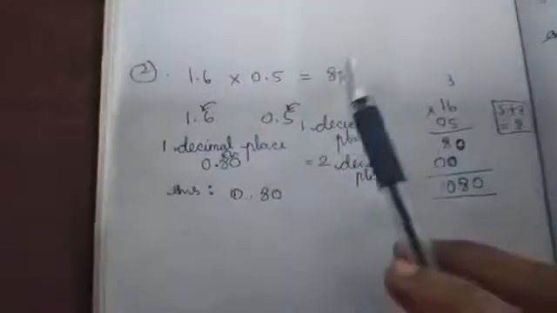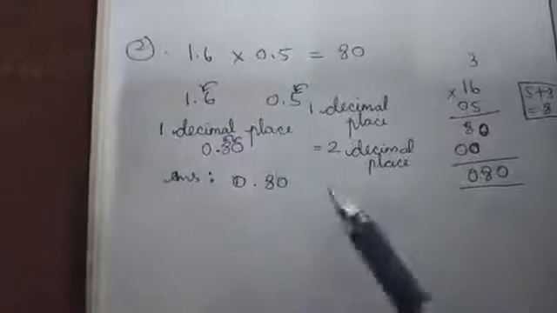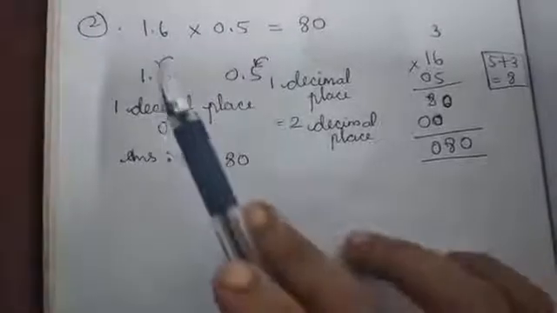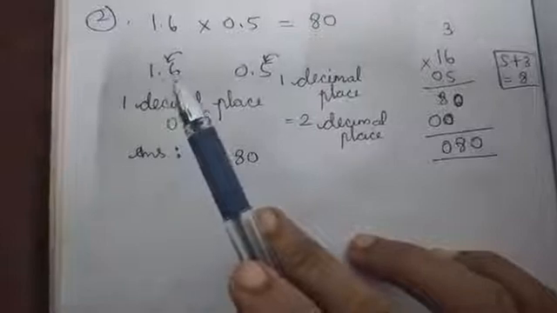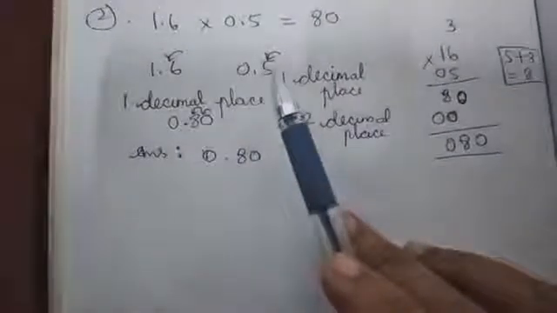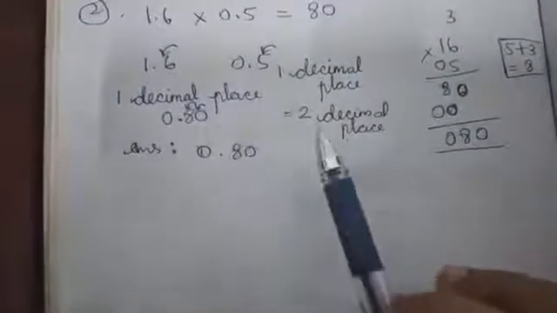Now the answer is given already, but we have to put the decimal point. In the question we count on both sides: from the right, we have one decimal place here and one decimal place on this side also. 1 plus 1 is 2 decimal places.